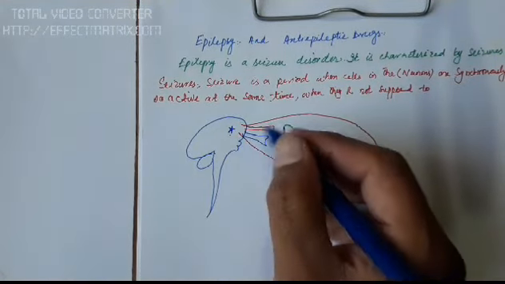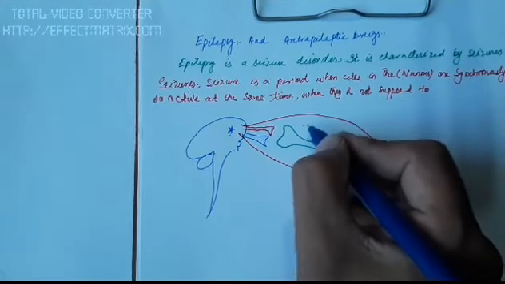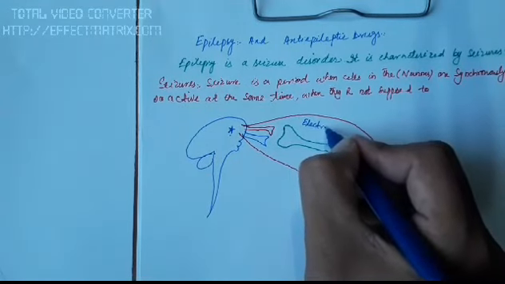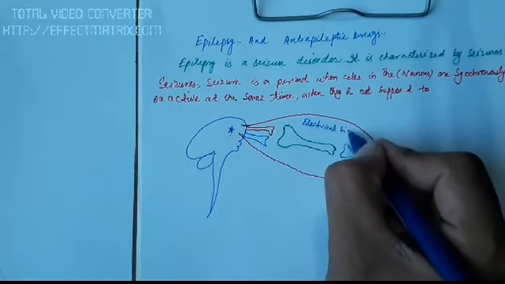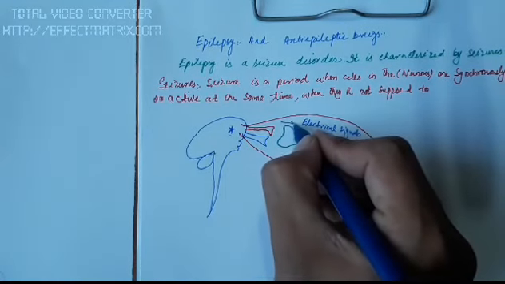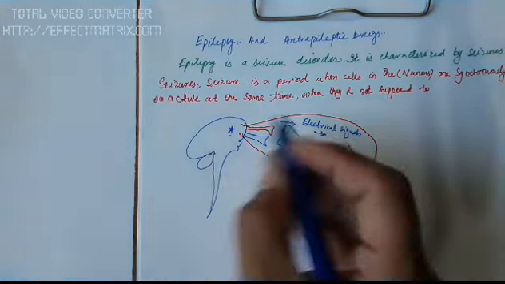How these seizures occur in the brain, we will see here in this diagram. These are the electrical signals, they are in this direction.